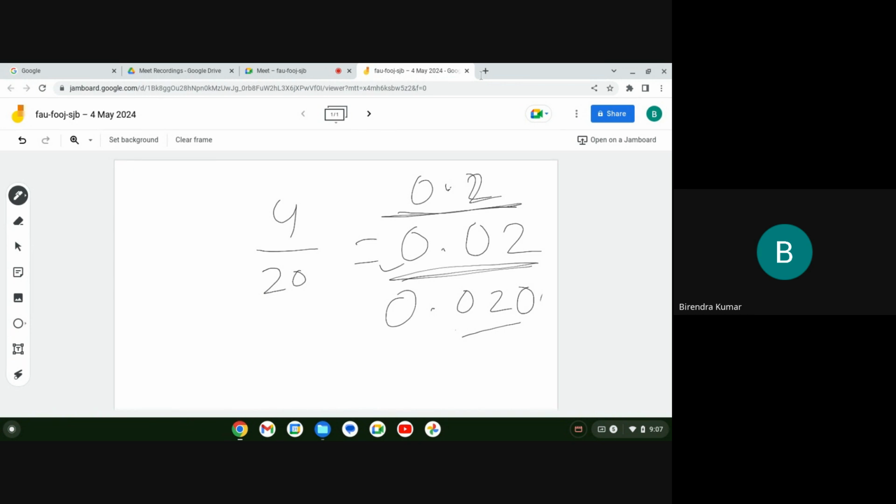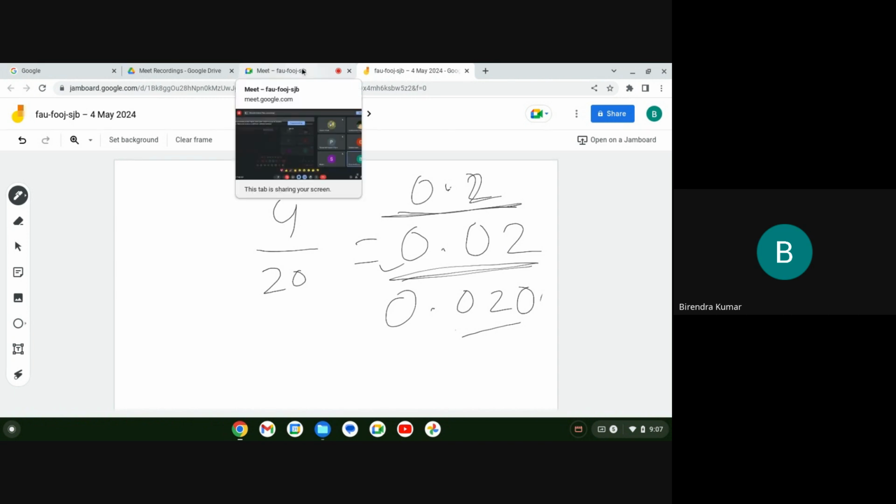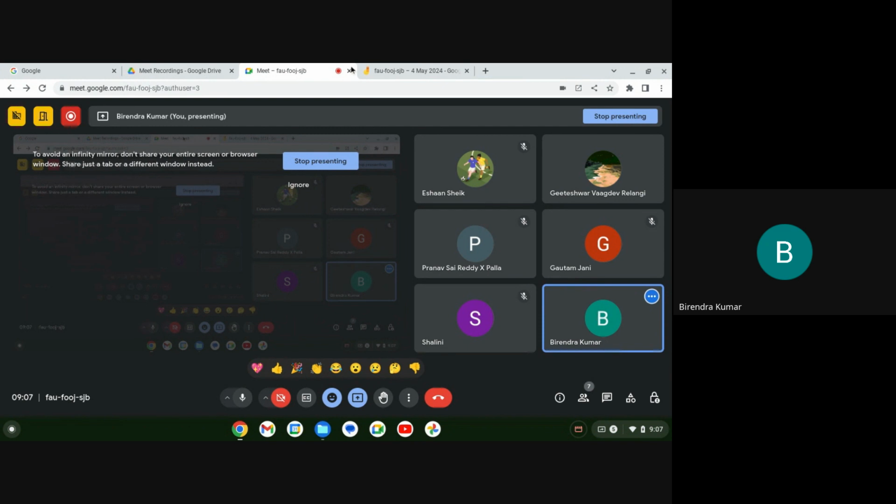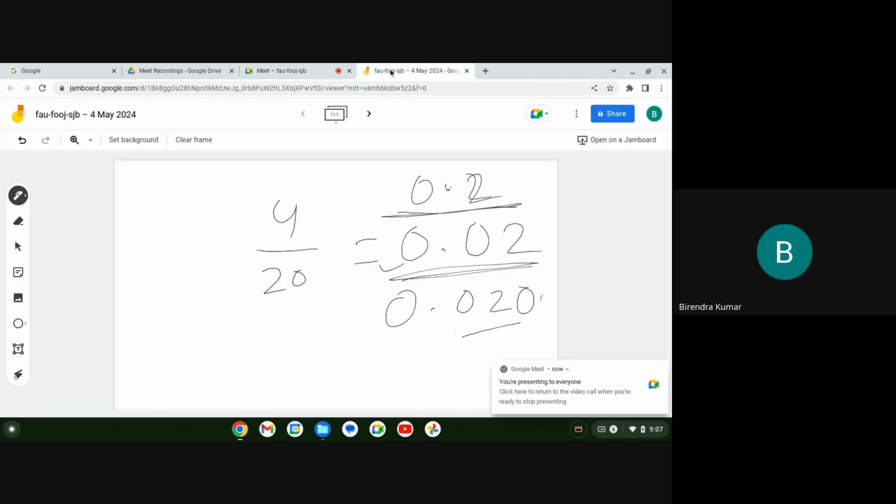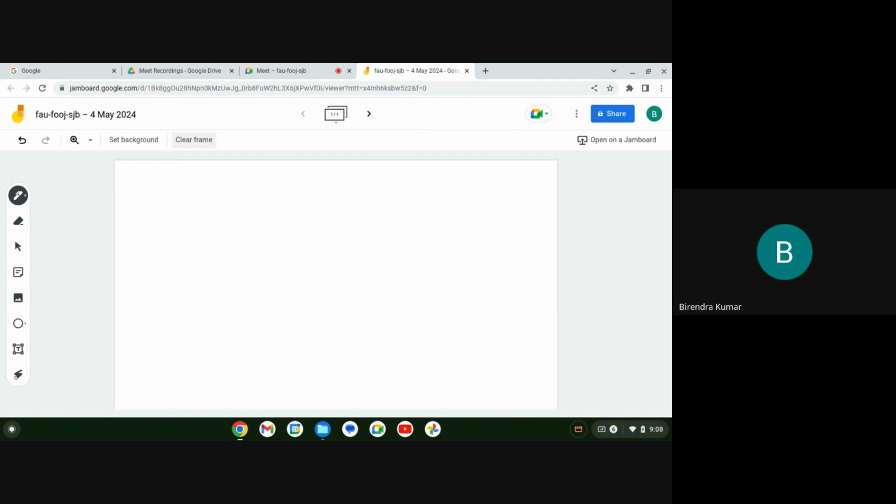Gitesh has given an answer. Ayush, I'm just waiting for you before we validate these answers. 0.02. Okay. So basically, in a nutshell, we got two answers, 0.2 and 0.02.